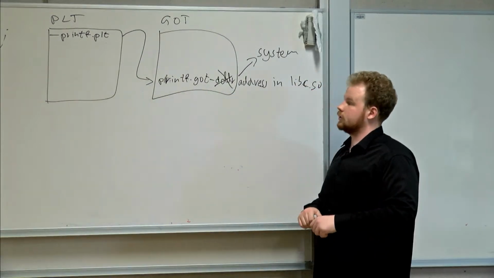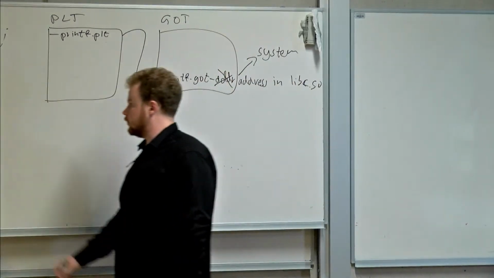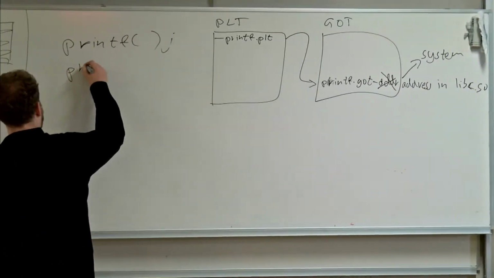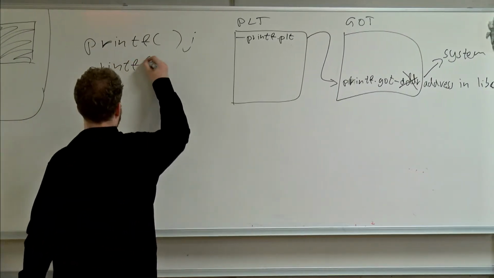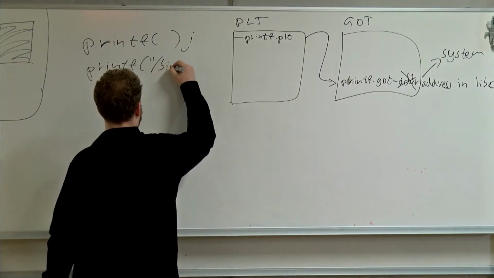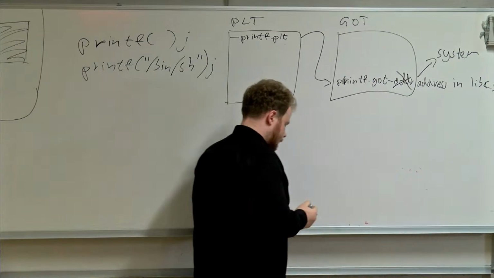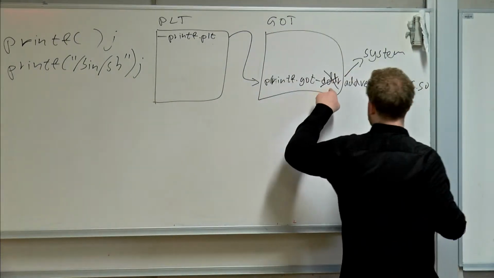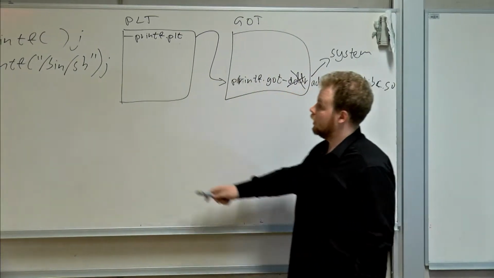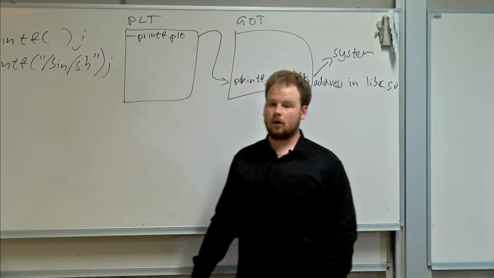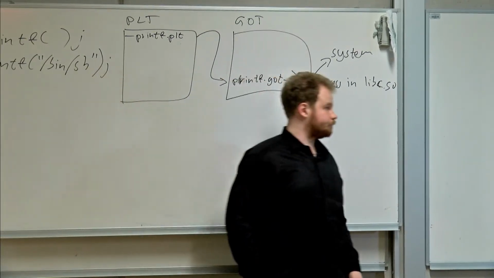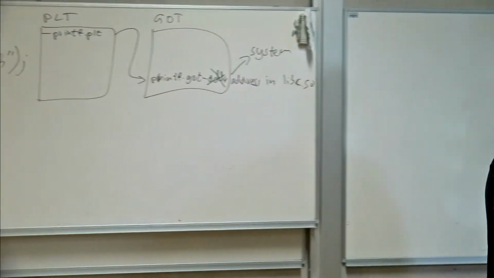So we can just tell the program to printf this, and if we've successfully overwritten the address in the global offset table, then instead of printf, system will be called, and we will spawn a shell. Okay.